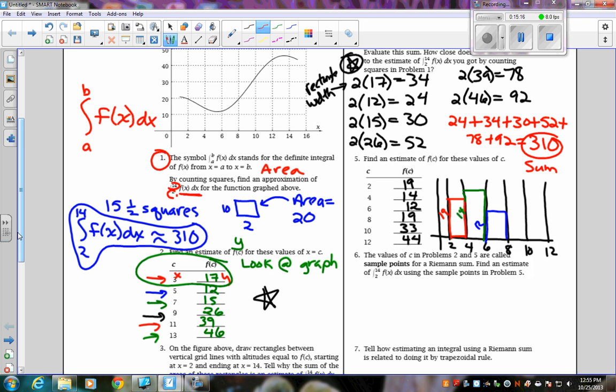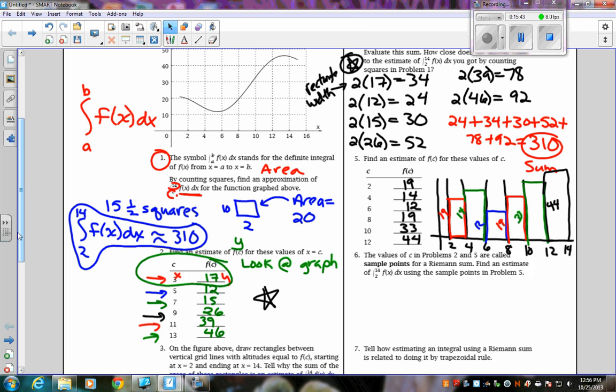Between 8 and 10 we have 19, which should be the same height as the other red one. And then between 10 and 12 we should be at 33. And I forgot the last one, which was at 14, and that height should be 44. It should be above all of them.